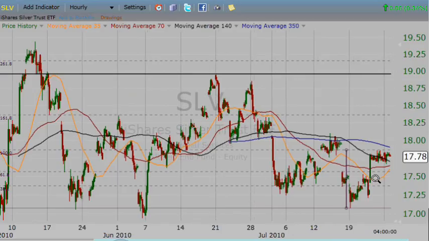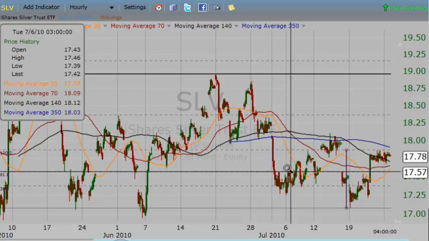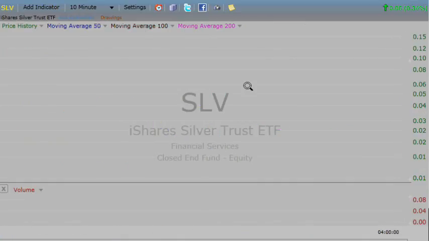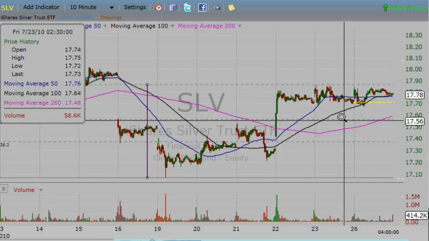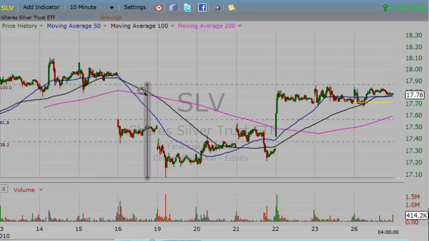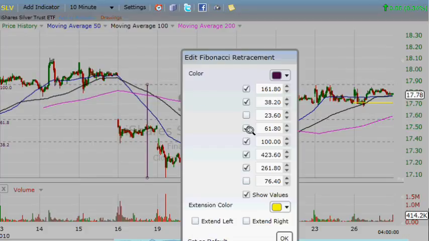Now, in the hourly time frame, you've got the rising 5-day and the rising 10-day moving averages, which are areas of support. The 5-day and the 10-day moving averages are both above this key 1757 Fibonacci level that we can see right in here. But the first Fibonacci level is actually the 23.6.